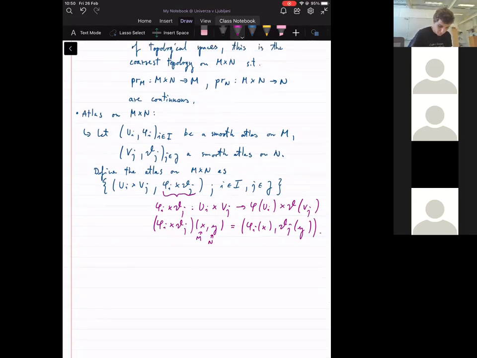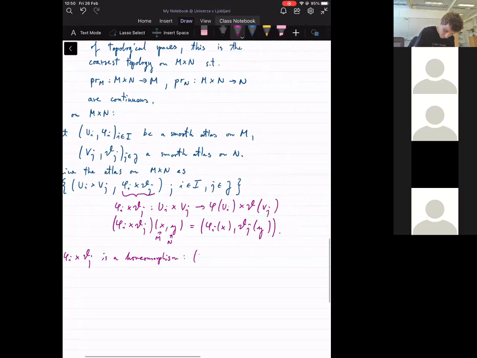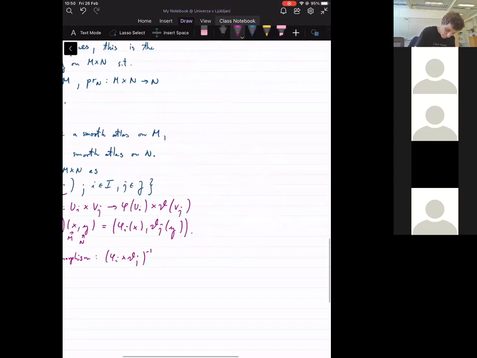To see that, just note that the inverse of phi_i times theta_j is nothing else but phi_i inverse times theta_j inverse.